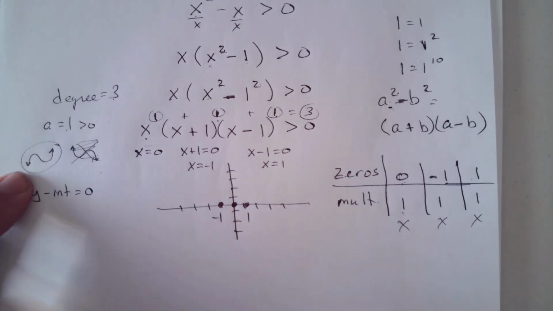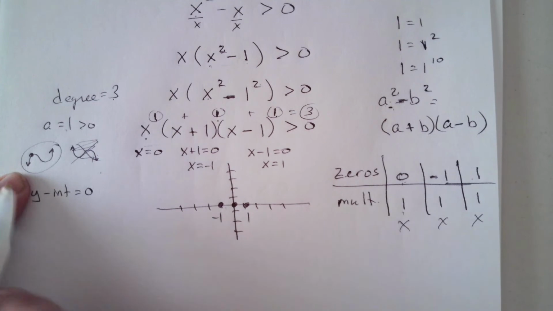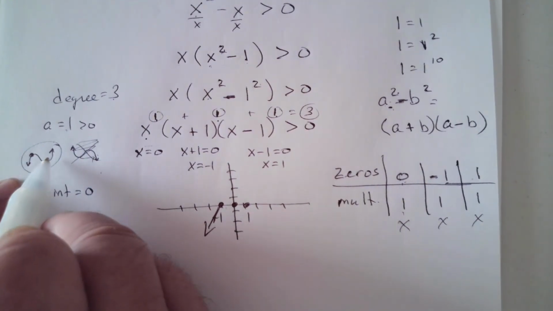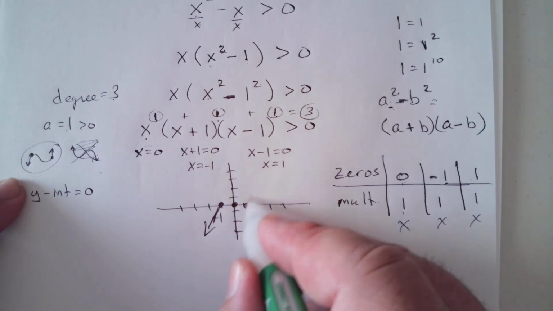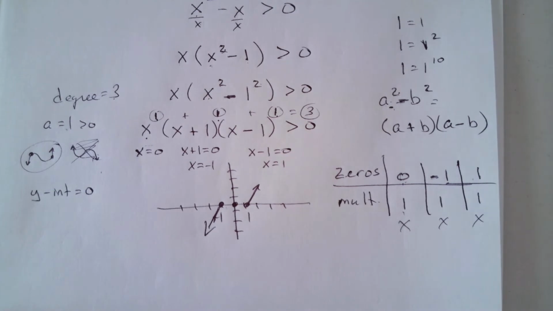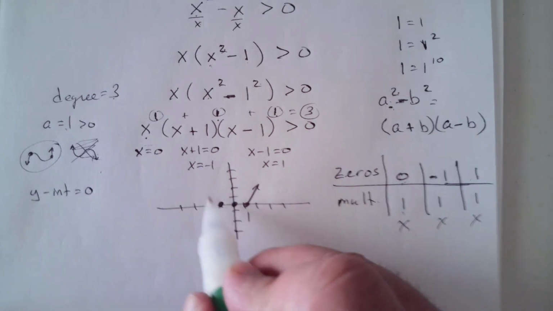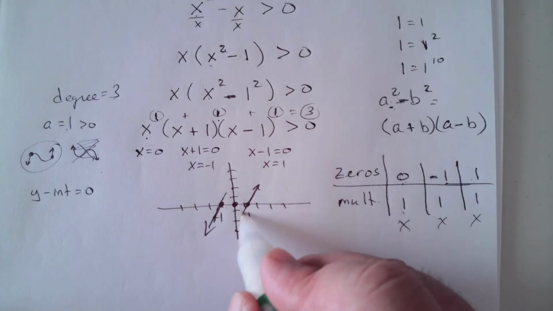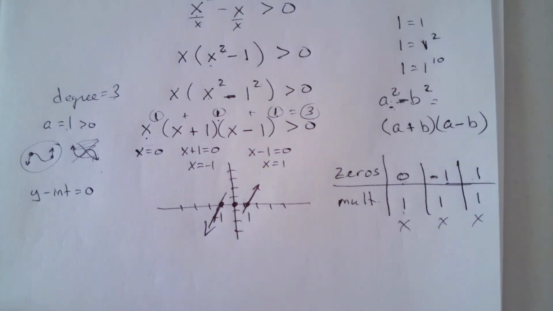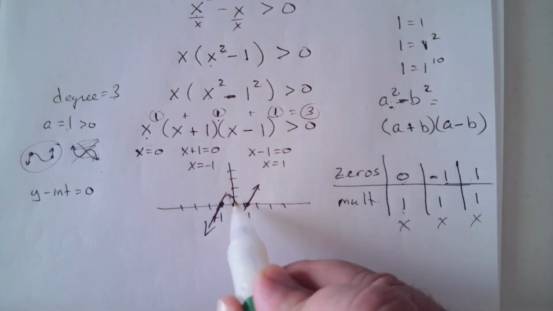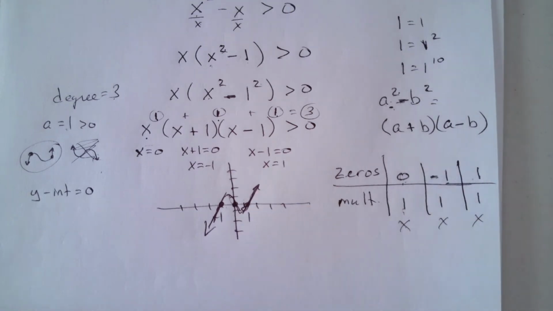So the far left, from our graph here, goes down. The far right goes up. And it crosses this one, and it crosses this one. And at 0, it also crosses. So the only way you go from here to here is to cut through 0. So there's our graph.